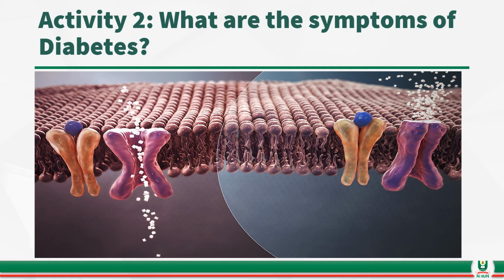If you look at that image, you will see something that looks like a membrane structure, the layers of the membrane, showing receptors and movement of some molecules from one end to the other.